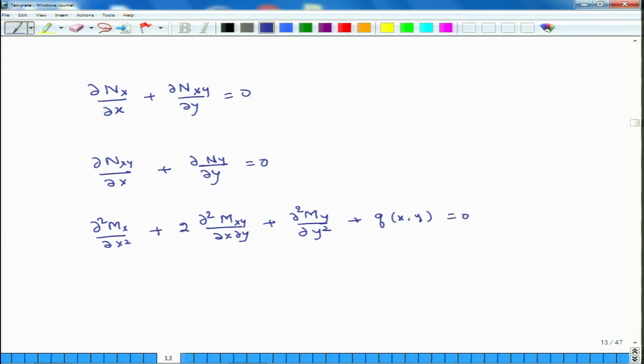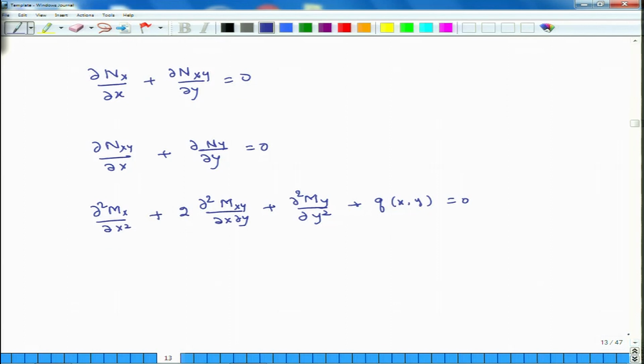These are the three differential equations. The first equation was related to the force equilibrium condition, that the sum of all the forces in the x direction is 0. The second came out when we equated all the forces in the y direction to be 0, if you remember during the derivation.